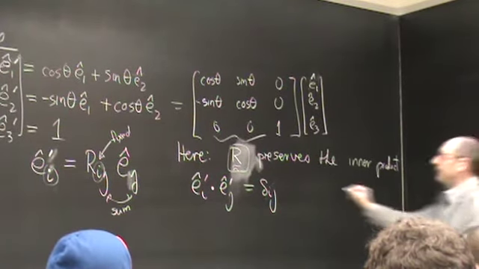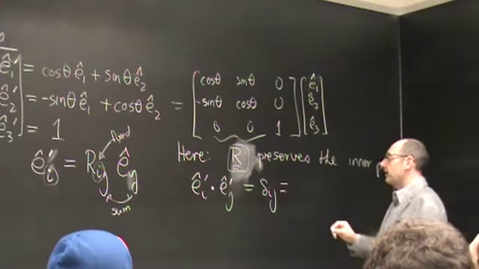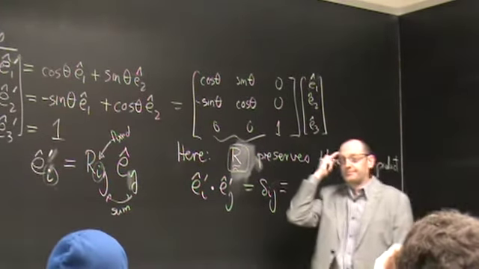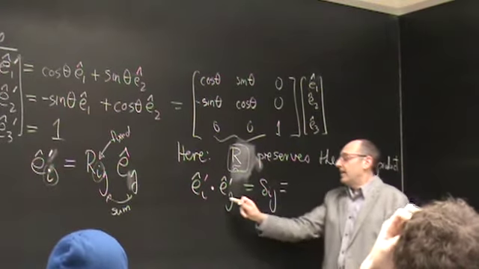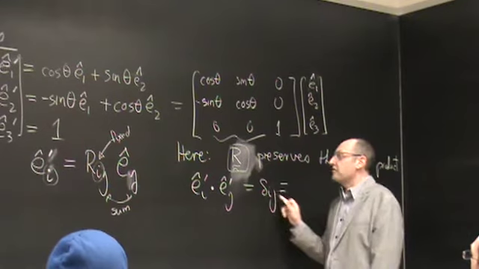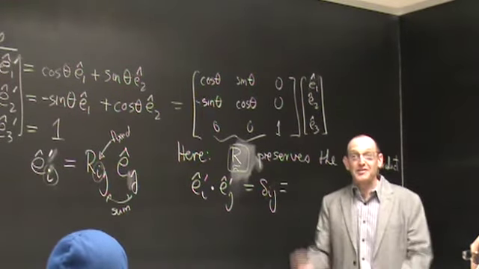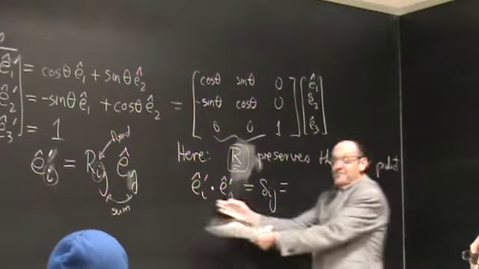So let's write that out. I got I and J. I and J are fixed indices. I can't use those letters again because they're fixed.